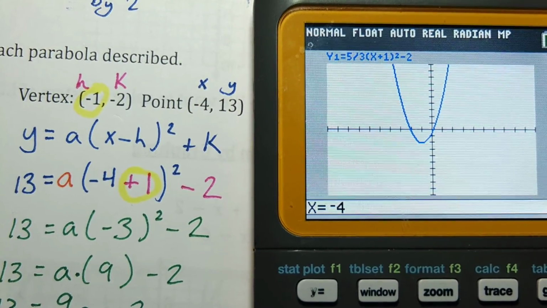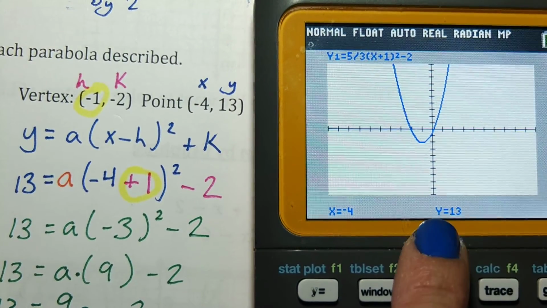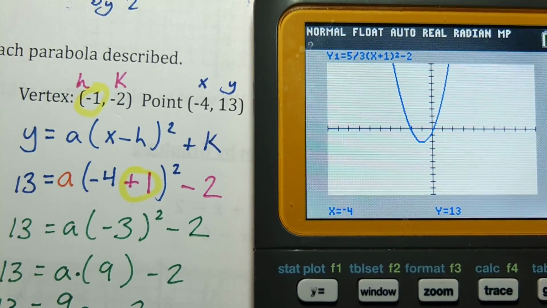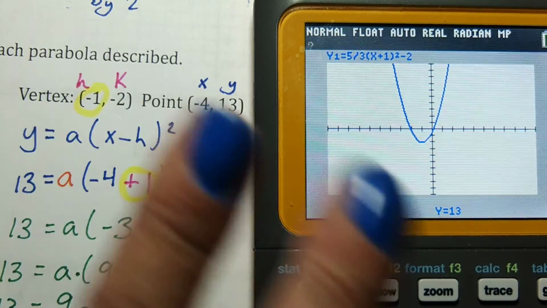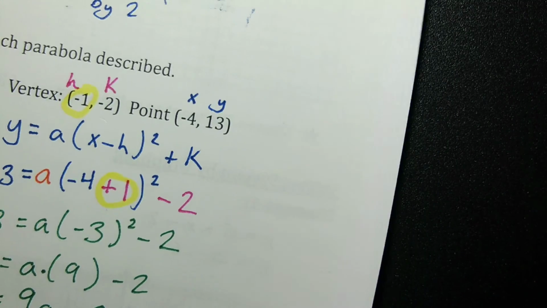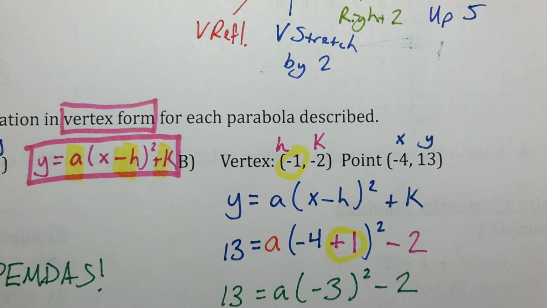If I type -4, it tells me that y value is 13. If I got something like 18, that would mean that the equation I put in isn't a match for these two key features. So you can use your equation to check yourself. Any questions on those ones?